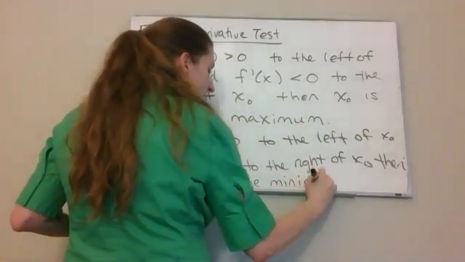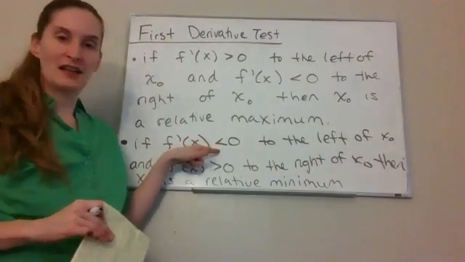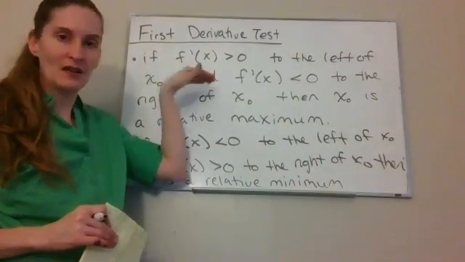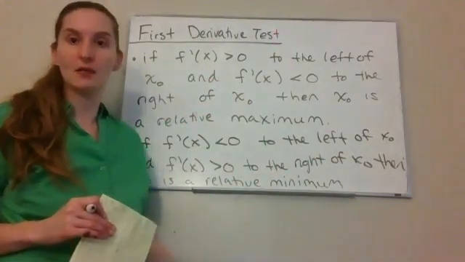And again, this makes sense. This is saying if I'm decreasing and then I switch to increasing. So we're going down and switch to going up, there's going to be a point at the bottom that's our minimum.